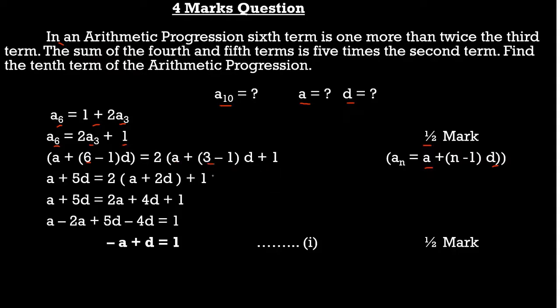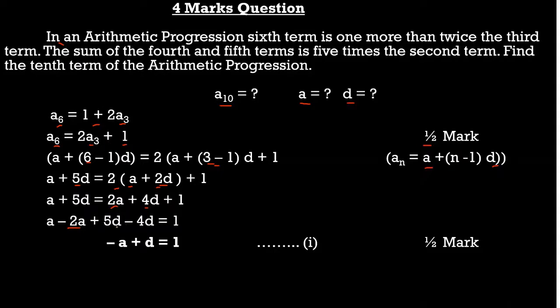A plus 6 minus 1 is 5 into D is equal to A plus 3 minus 1 is 2 into D plus 1. A plus 5D is equal to 2 into A is 2A plus 2 into 2D is 4D plus 1. Writing 2A this side, plus 2A becomes minus 2A.